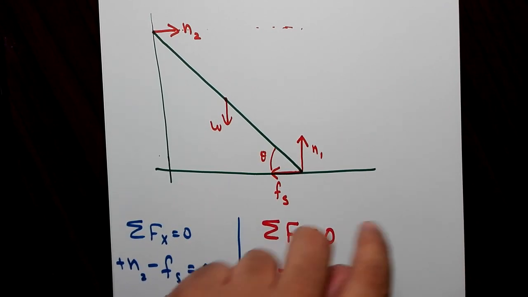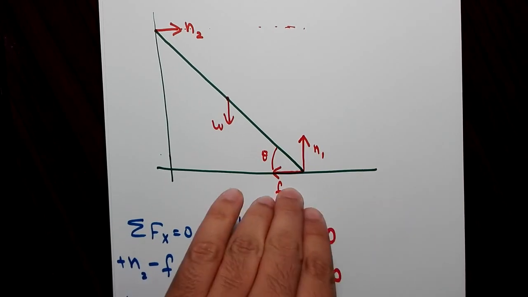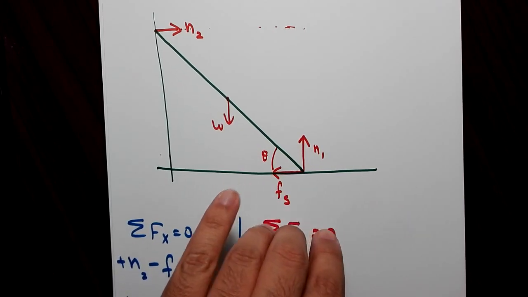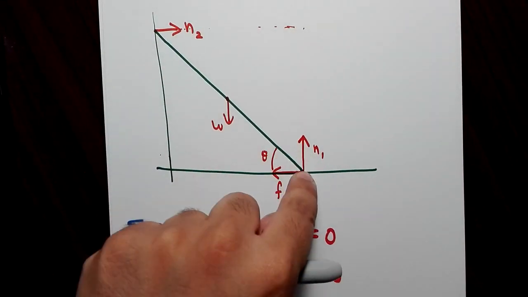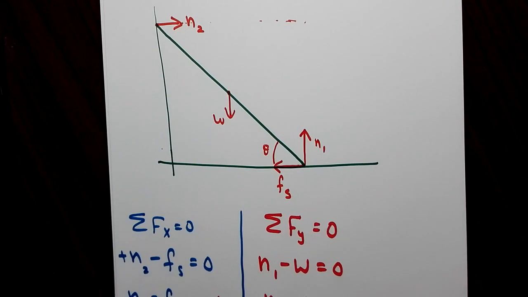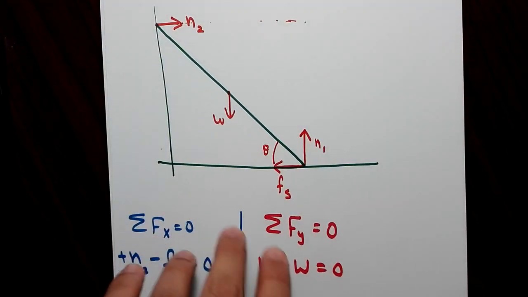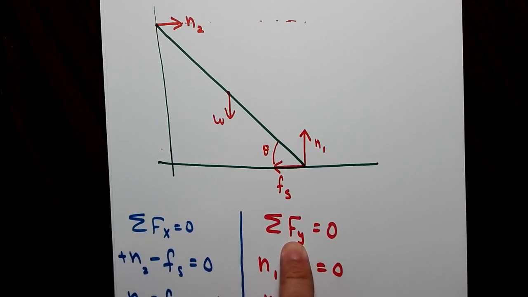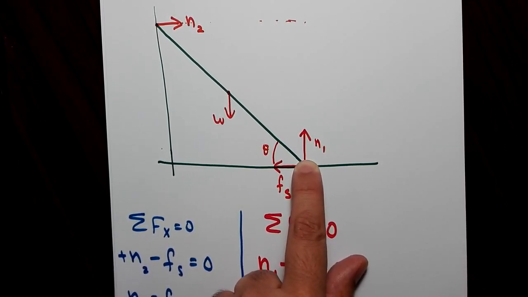When an object is static, the pivot point is your decision. You can decide a pivot point anywhere you want, even over here if you want to make your life harder. The object is static independent of the choice of your pivot point. So the easiest choice in this case is actually this one.